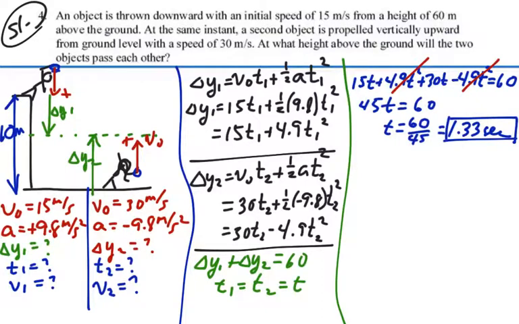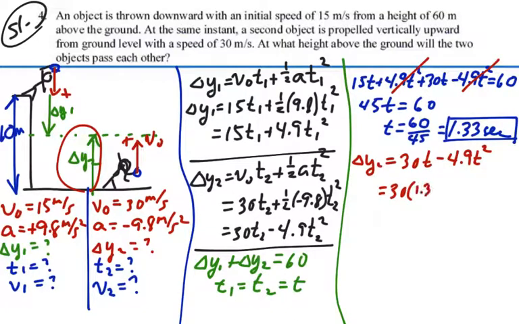Sounds good? But we want to find out what height above the ground the two objects pass each other. That indeed is really going to be our delta y2 that we want. And delta y2 is equal to 30t minus 4.9 t squared. So in this case, that's going to be 30 times 1.33 minus 4.9 times 1.33 squared.